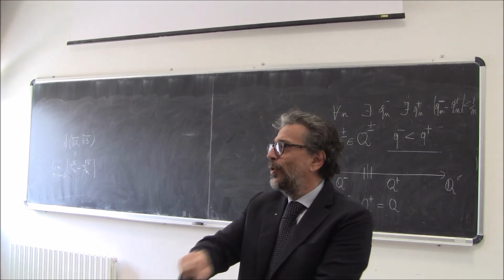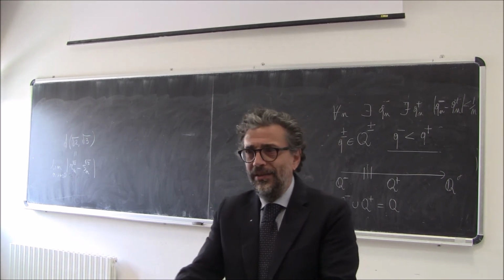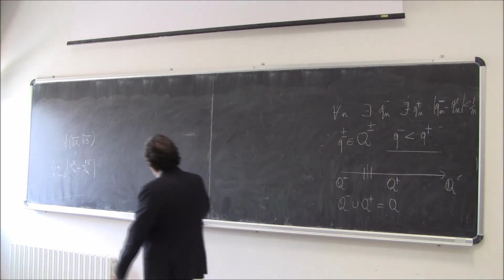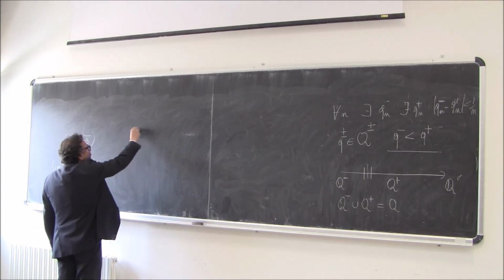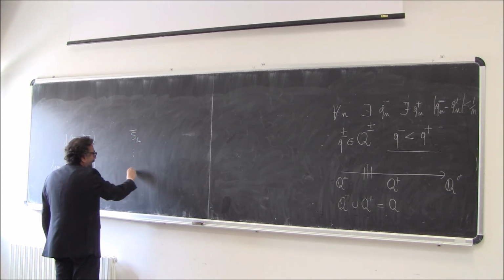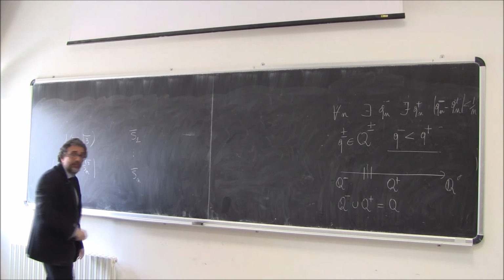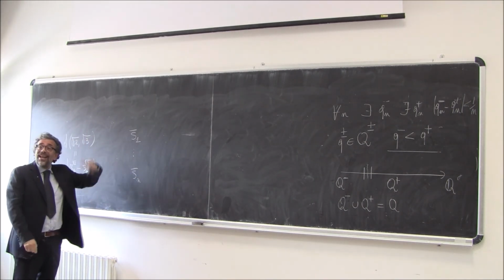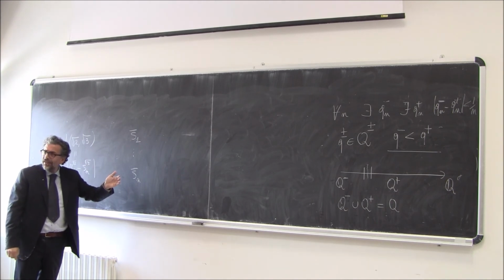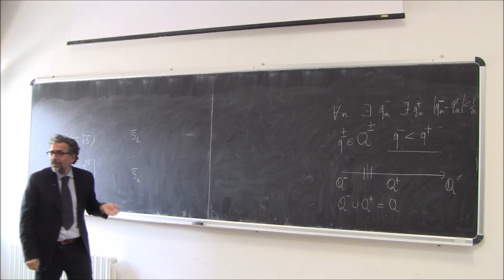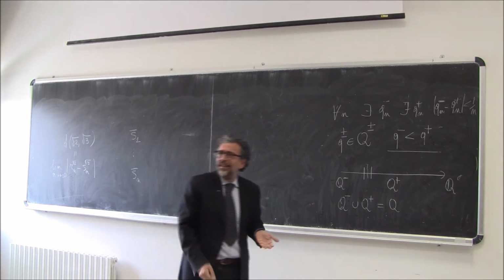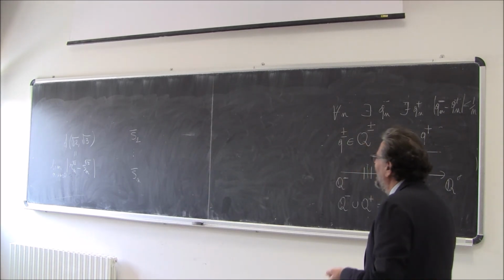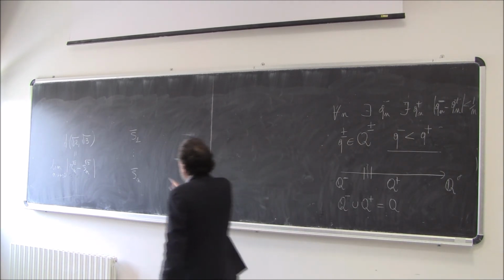You look for complete spaces and you find it. Okay? Now you have a sequence S bar 1, S bar n. So you have a sequence of classes of equivalence of Cauchy sequences. I know you could believe that we are crazy, but this is the construction.